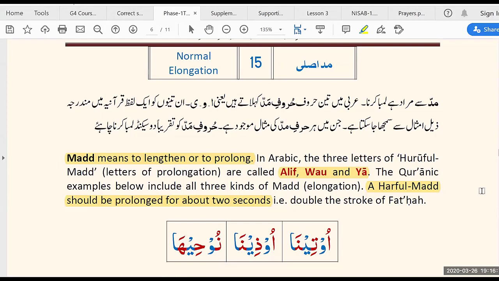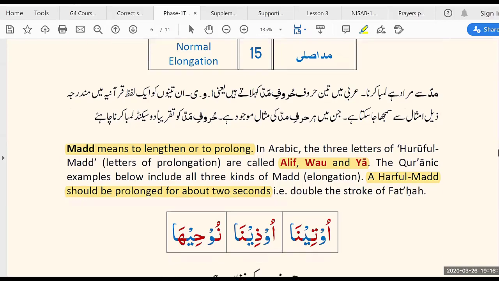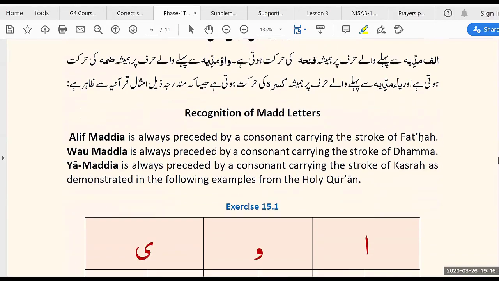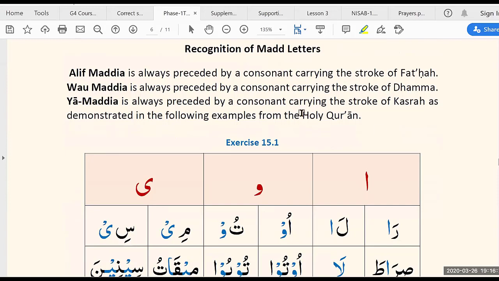All right. Jazakumullah. I hope that everyone was repeating after me in your homes. As I have already mentioned, to recognize these letters of elongation, this is the simple rule. Each of these letters has a particular setting in which it is recognized as a letter of elongation.